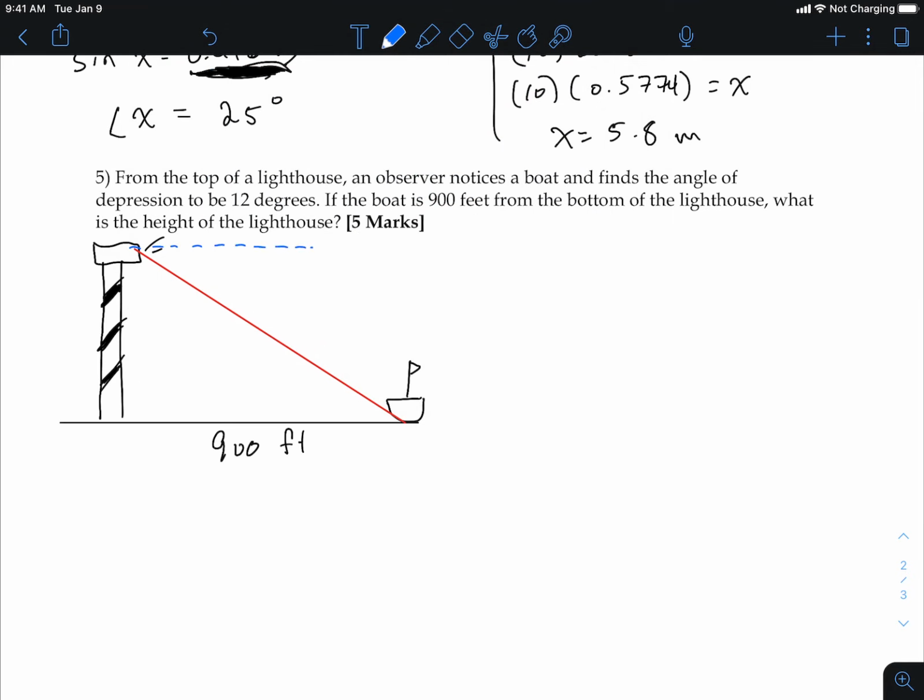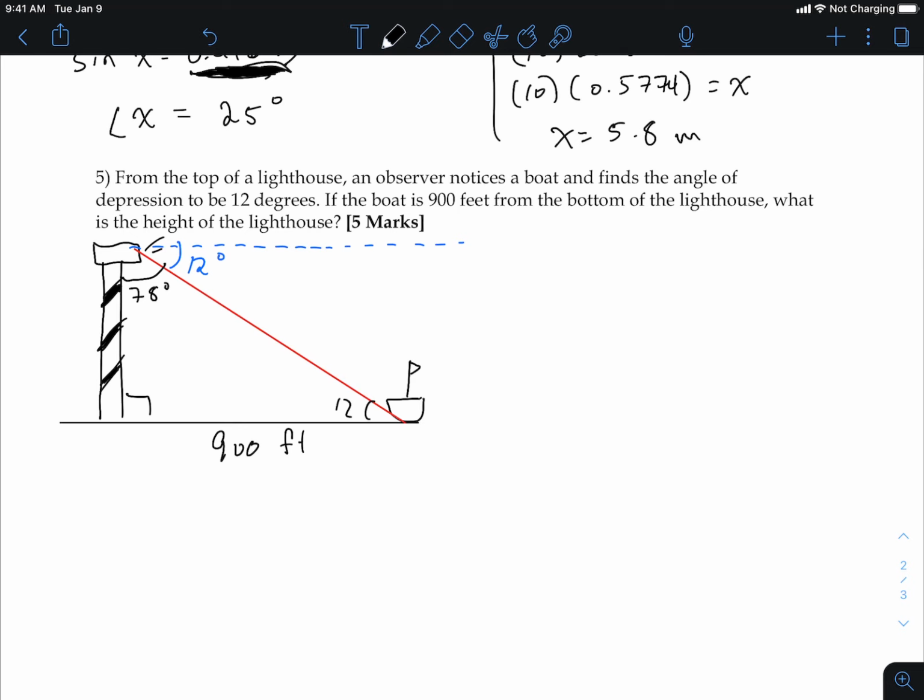Here's my horizontal, the blue dashed line. Angle of depression says I measured down from the horizontal. 12 degrees. That makes the inside of the triangle 78 degrees. There's a 90. You did the math on this. This would be 12 down in the bottom.